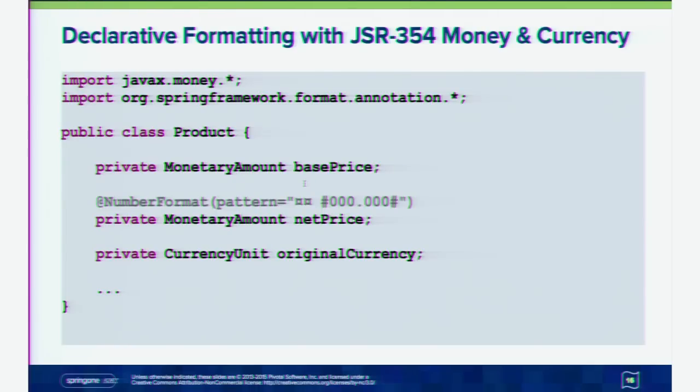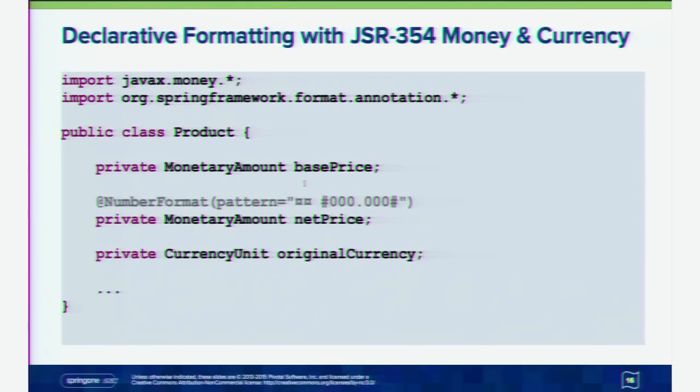So there are two key types in JSR-354, MonetaryAmount and CurrencyUnit, both understood by Spring out of the box if the JSR-354 API is on your classpath. So no need to register anything, it's just going to work automatically. And we apply the same reasoning again. If there's no formatting annotation, we go through the default formatters in the JSR-354 framework. There's a default formatting arrangement there, which is customizable on a service provider basis.